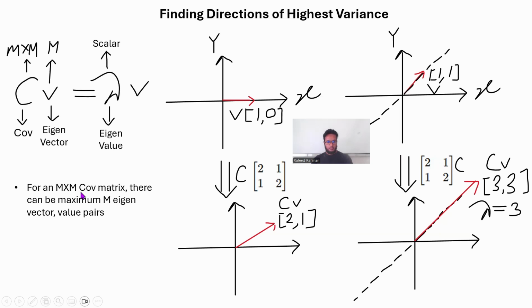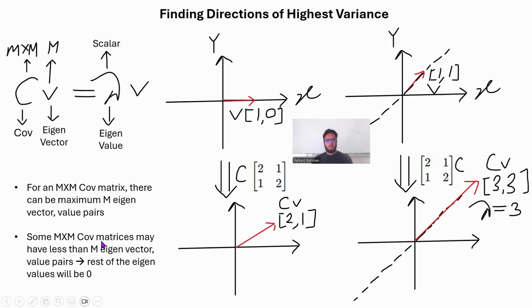If you have an M by N covariance matrix, you can have a maximum of M eigenvector-value pairs. But it's a maximum, because you can even have fewer than M, since some of the eigenvalues can be 0 as well. Those are not important. The principal component axis will be there, but it won't have any importance or any variance. That is why the eigenvalue is 0.